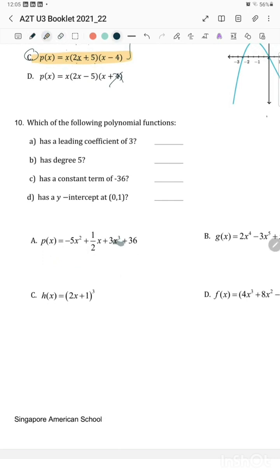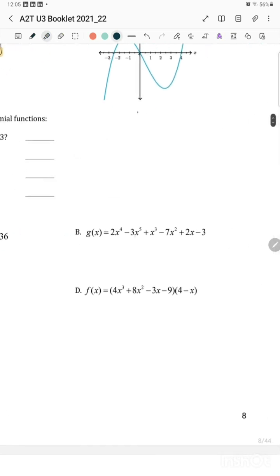Okay, leading coefficients. This 3 is the leading coefficient. Here 5.